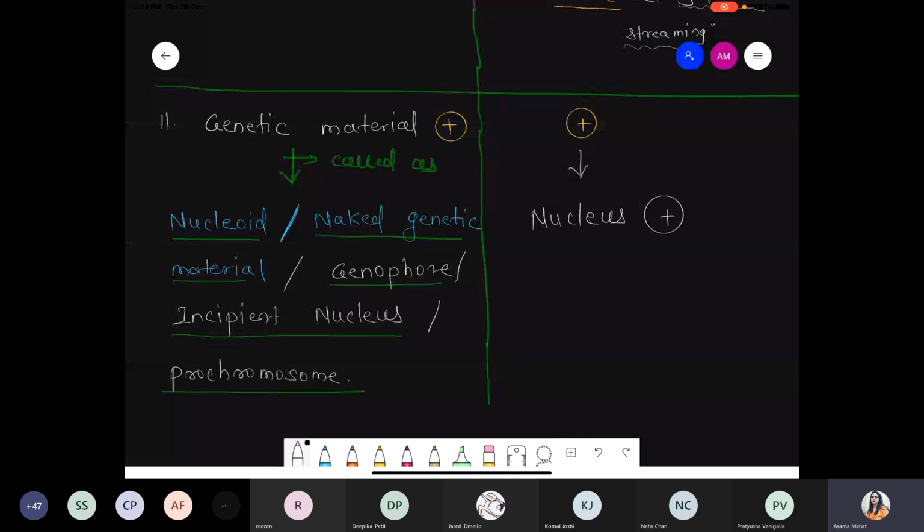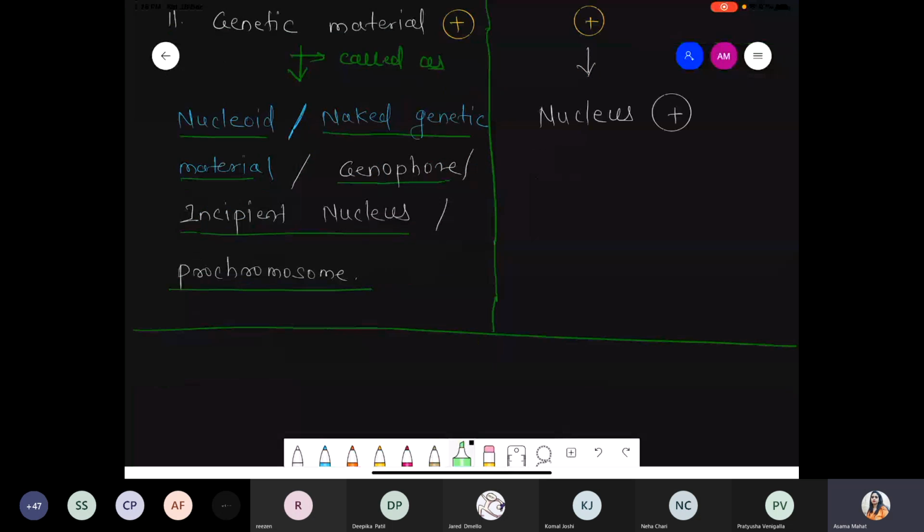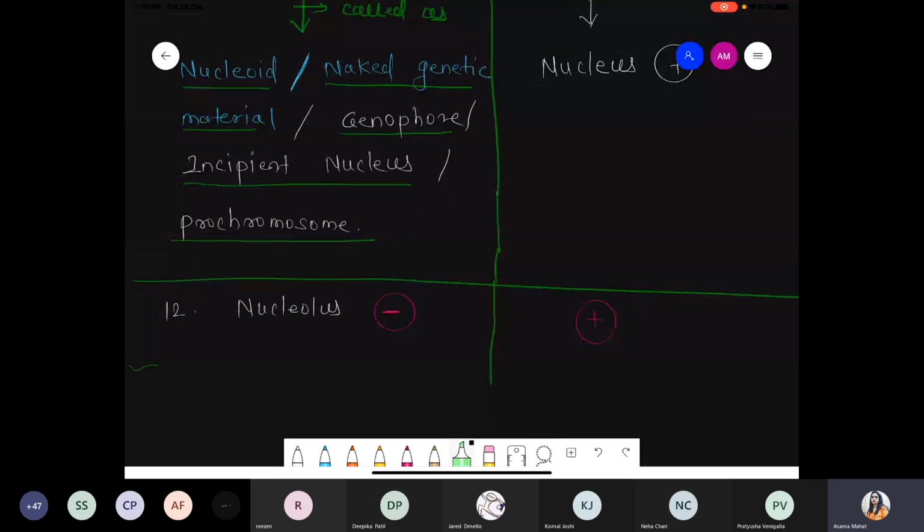Next part, after the genetic material, now we are talking about the next organelle present inside the nucleus, that is nucleolus. Nucleolus, so you know very well, nucleolus is absent in case of bacteria while it is present in case of the eukaryotic system, because it's a dark body which resides inside the nucleus.